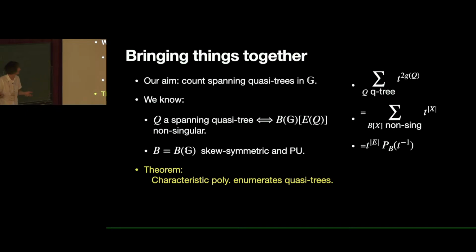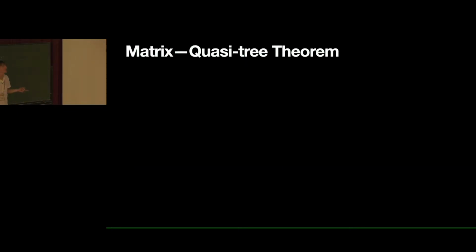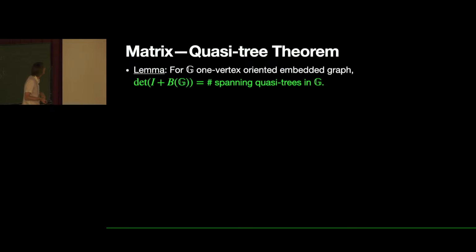So the characteristic polynomial of this matrix enumerates all of the spanning quasi-trees. And if I take t equals 1, I get my matrix quasi-tree theorem: the determinant of the identity plus this matrix B gives the number of spanning quasi-trees in G.